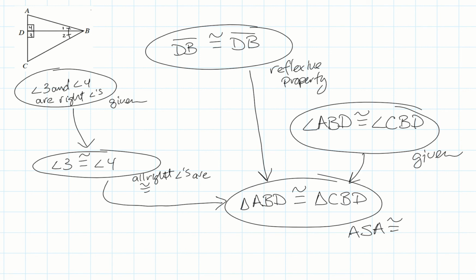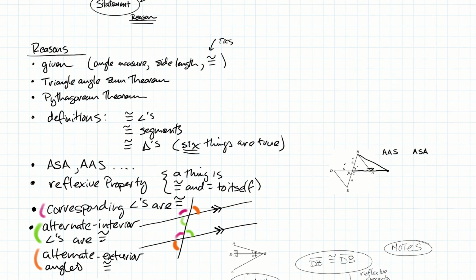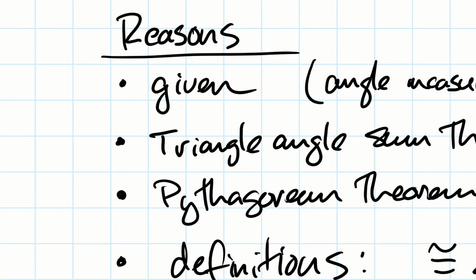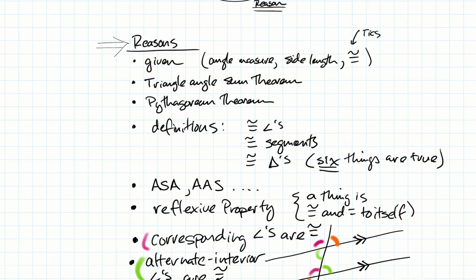So we're going to finish it right here today. We're almost at 20 minutes. So the big thing I want to see in your notes is this proof. And I definitely want to see a list of reasons. I want you to start building out a list of reasons that you can use in proofs, things that you know are true.